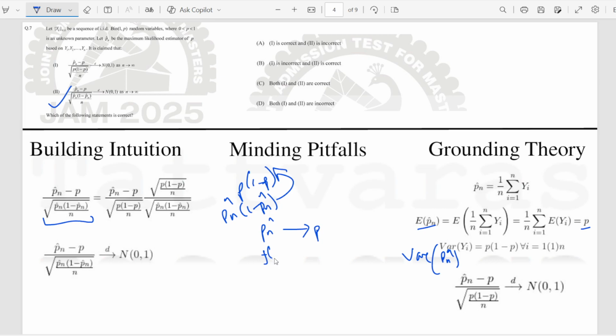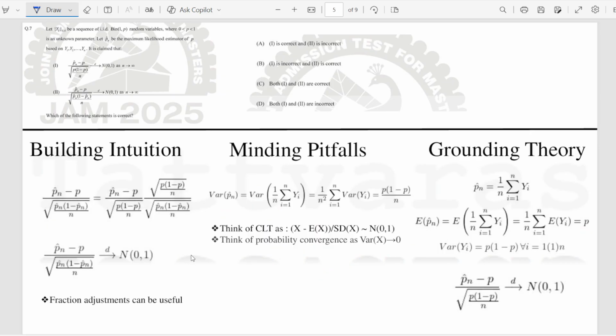And if I recall correctly, by the invariance property, this function, the function being f(p) equal to p(1 minus p), this convergence holding would imply that this would also hold. So we get an idea that this thing is going over here, but how can we make use of it? Simply by making fractional adjustments.